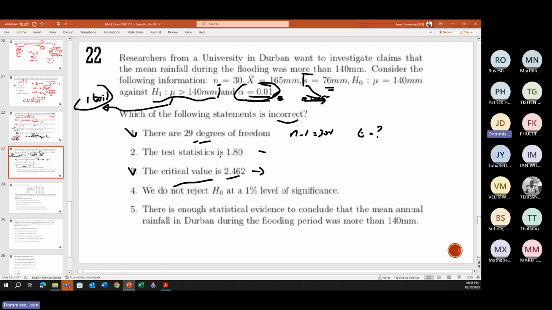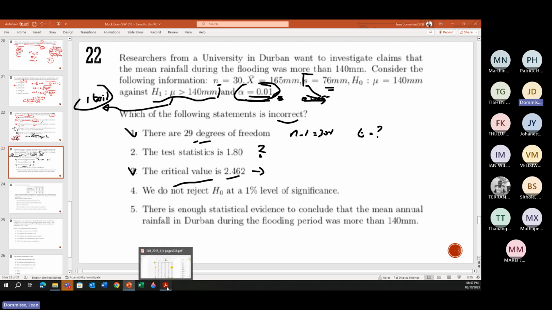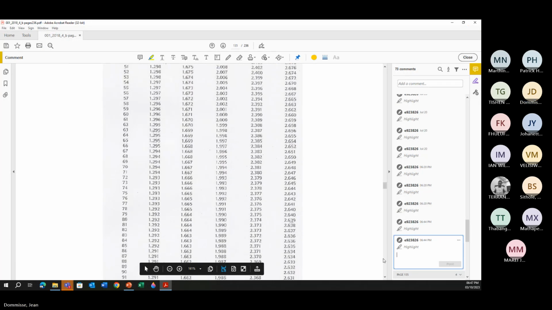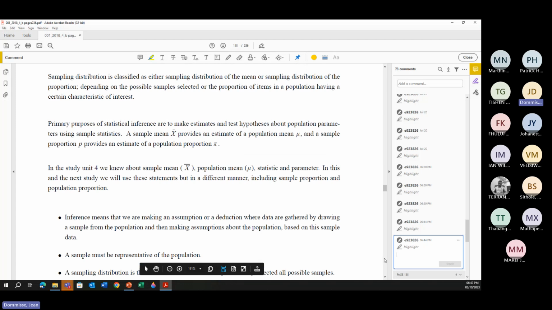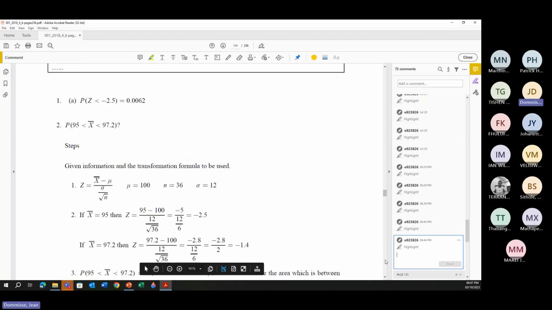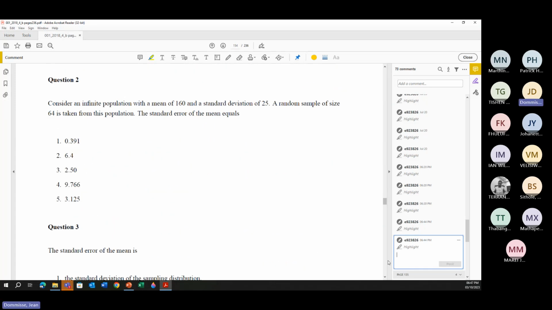Okay, so how would we have worked out the t-stat? So is there somewhere in your formula pages something like that? I can't even remember. Sure, brain is totally a blank.